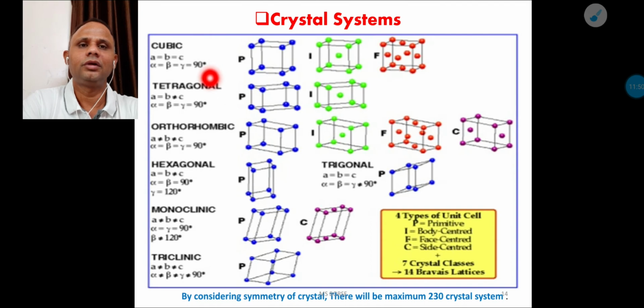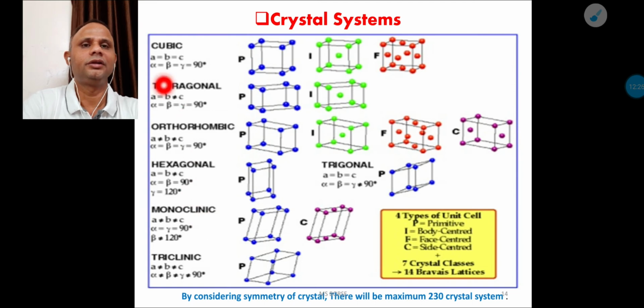So on the basis of face length, or bond length, or bond angle, or we can say edge length or edge angle, these primitive unit cells are classified into 7 forms, that means cubic, tetragonal, orthorhombic, hexagonal, monoclinic and triclinic. These are the 7 basic crystal systems, we call them the 7 basic crystal systems on the basis of their lattice parameters, right?